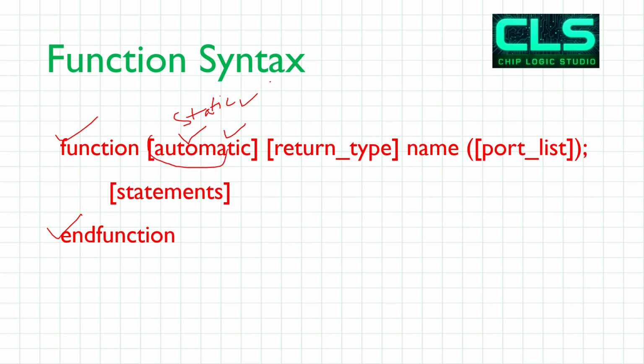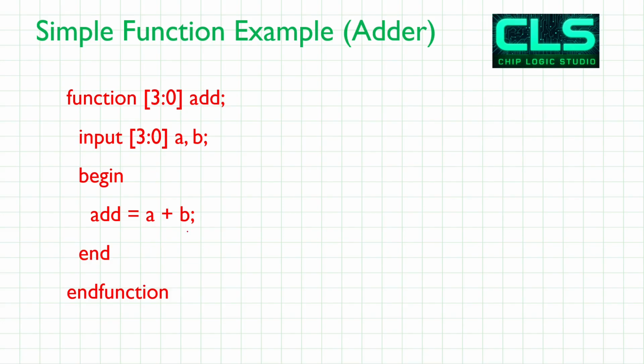You can define whether it is static or automatic, having static memory or dynamic memory. Automatic means dynamic memory. Then the return type, like int or range, by default will be wire. You can define the name and port list, like input ports, and write your basic statements and logic inside the function. So this is the simple syntax.